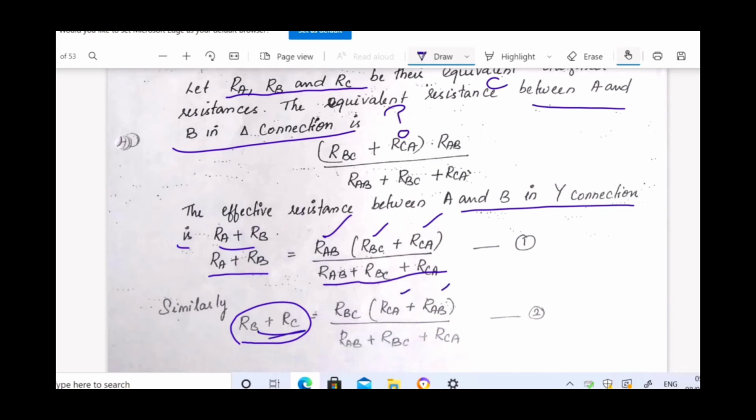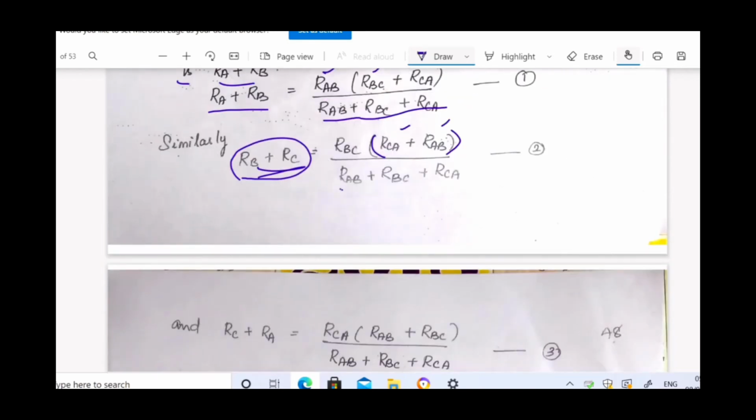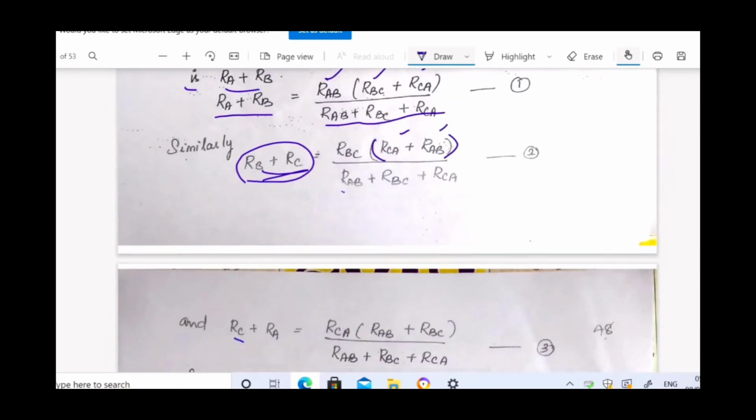Means for BC, the opposite two resistors are in addition form, divided by the total network resistance summation. Similarly, you can do for RCA.